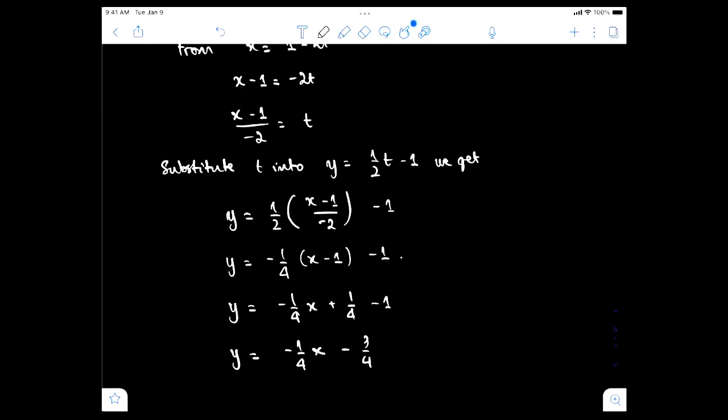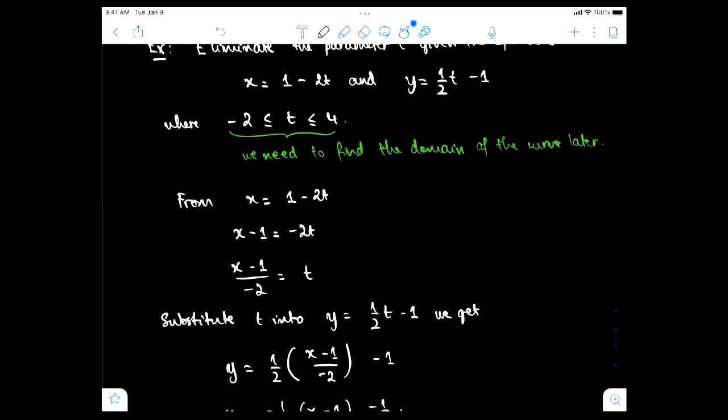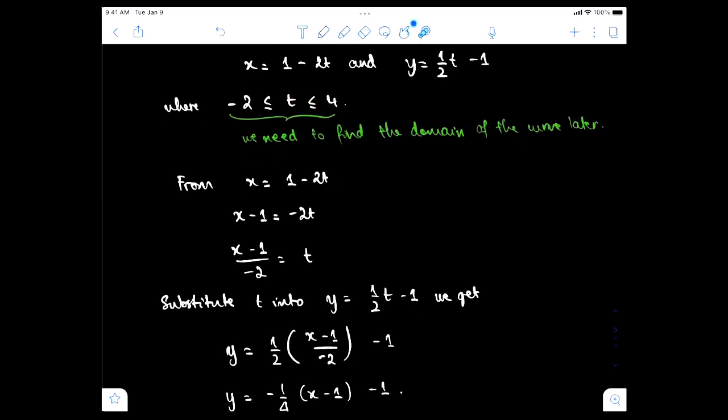So given the parametric equations, you can rewrite them in the form y equal to f of x. And we mentioned that since there are some restrictions for t, you need to find some restrictions for x as well. When t is between -2 and 4, what is the value of x? You can solve for the value of x using these equations.